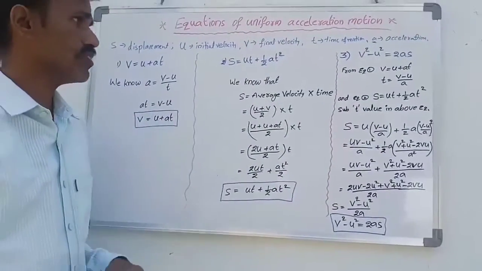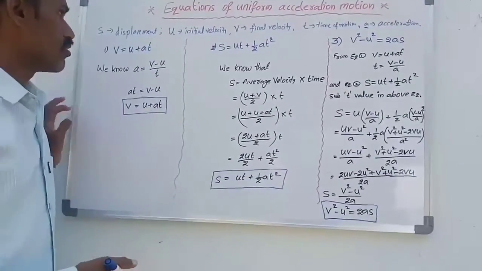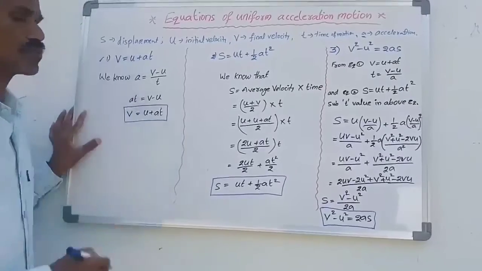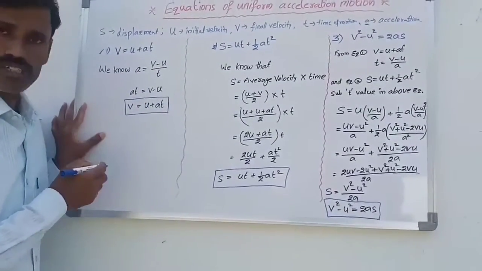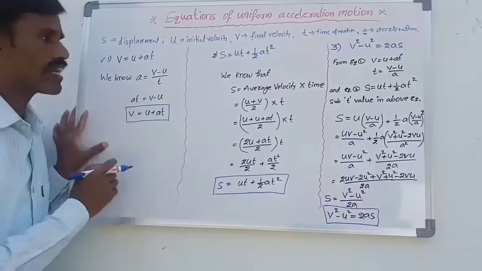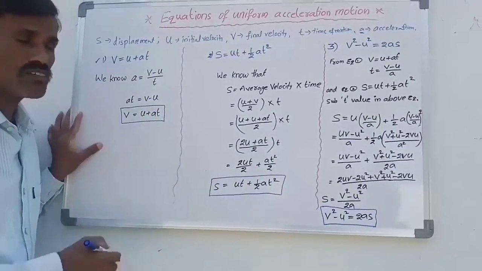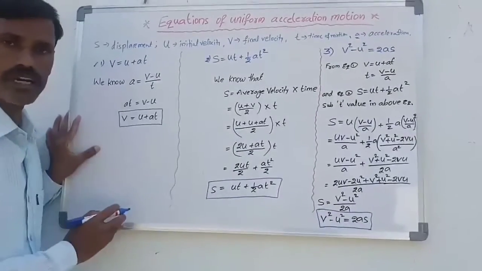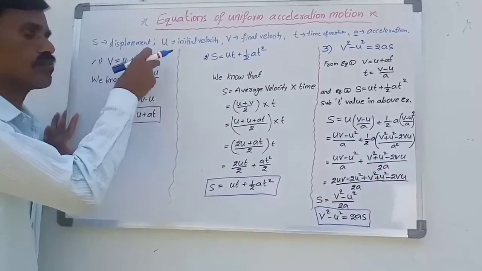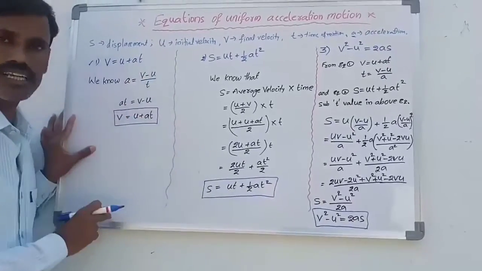Now we derive these equations. First of all we derive the first equation of motion, that is v = u + at. Already we know what acceleration is. Acceleration is the change in velocity per unit time. So a = (v - u)/t, that is final velocity minus initial velocity by time taken.